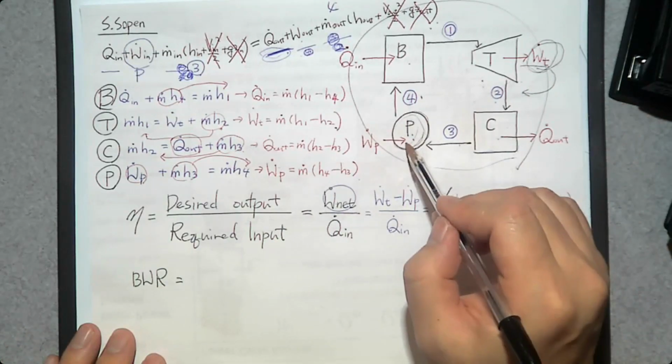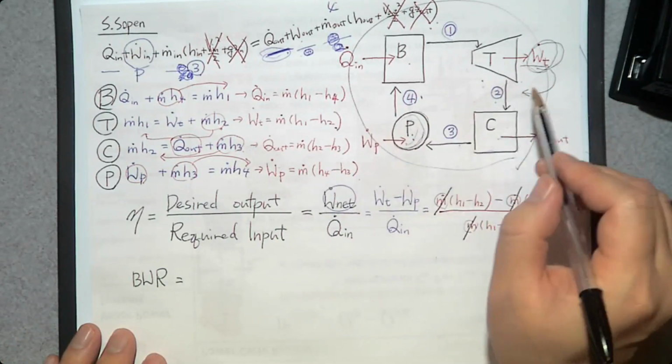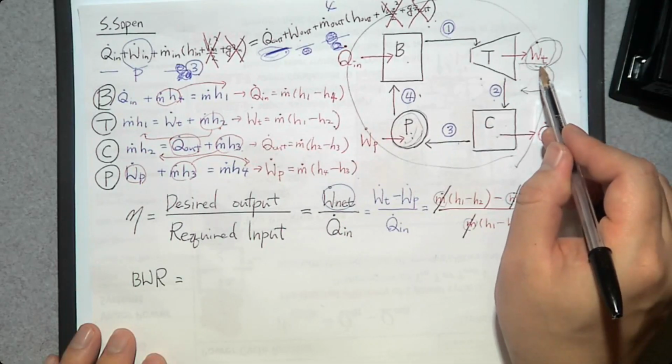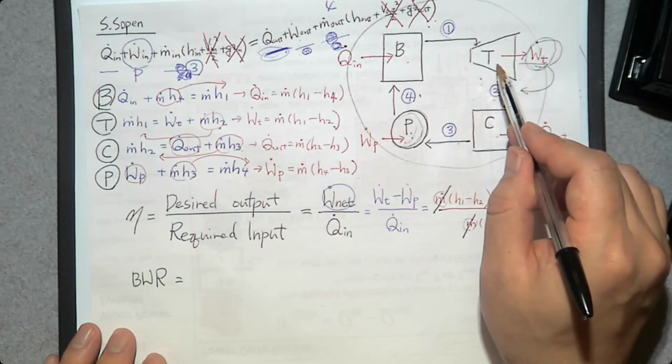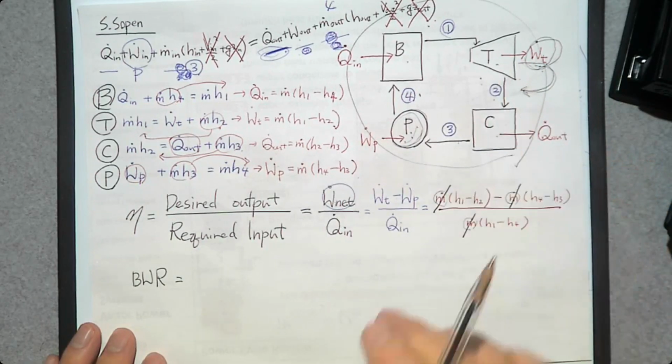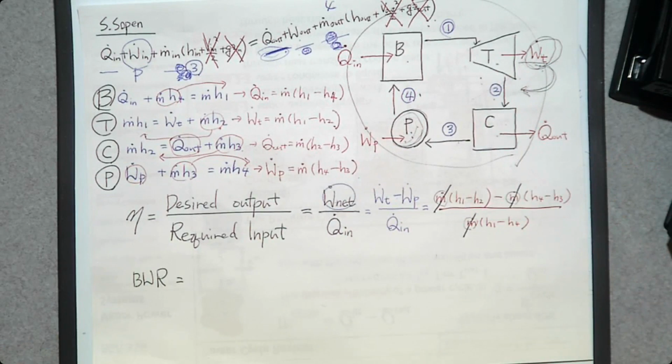Because we need to run the pump to maintain this cycle. So a small portion of the turbine power that is produced by this Rankine cycle is going to be used to run this pump. How much of the power that we produced by the turbine is going to be used for the pump? That is the back work ratio.